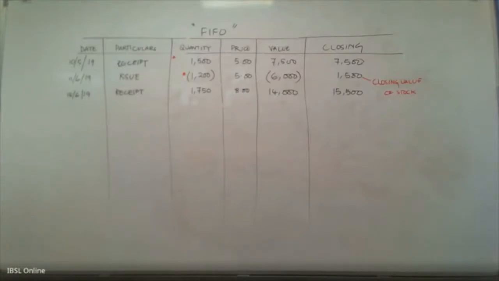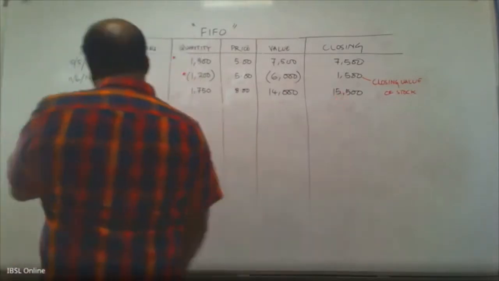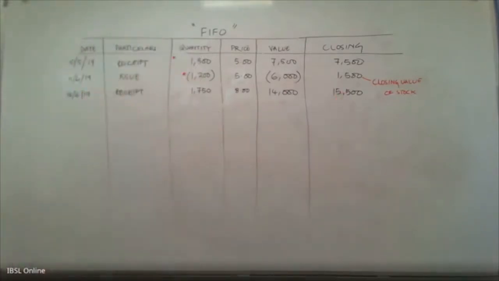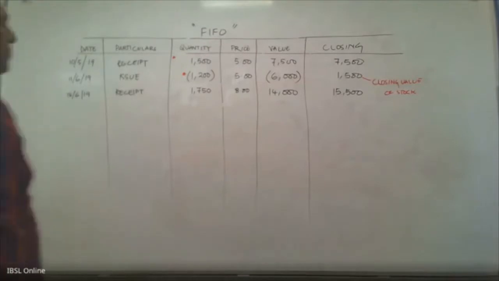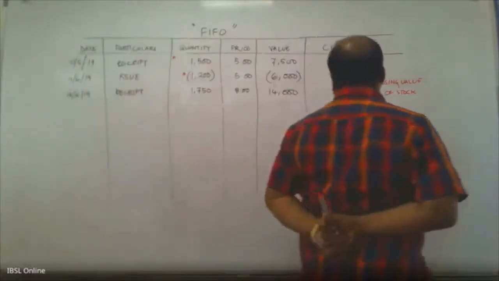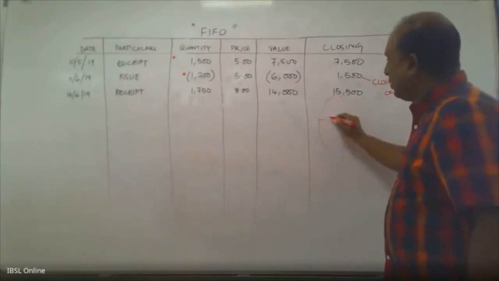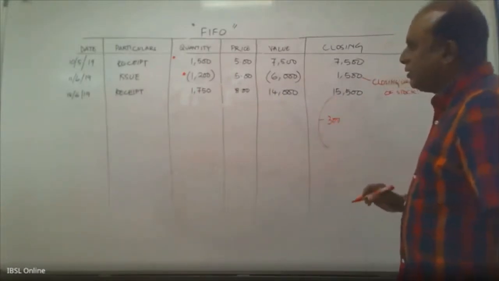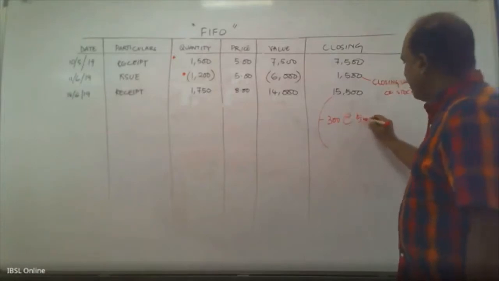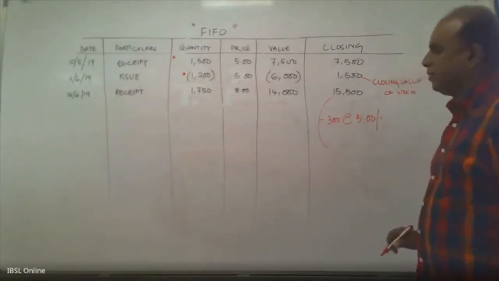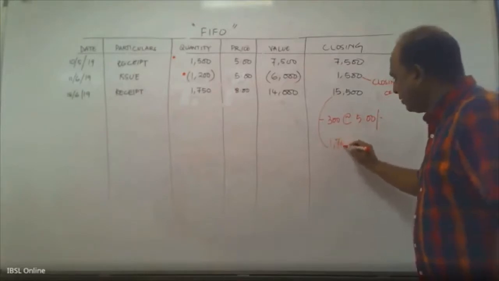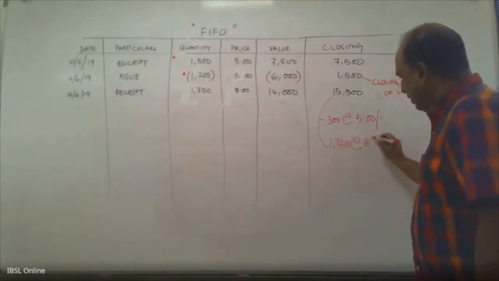Now again, I'm going to ask you the same question. How do I get this 15,500 as my closing stock value? That is 300 units at the rate of 5, 1,750 units at the rate of 8.